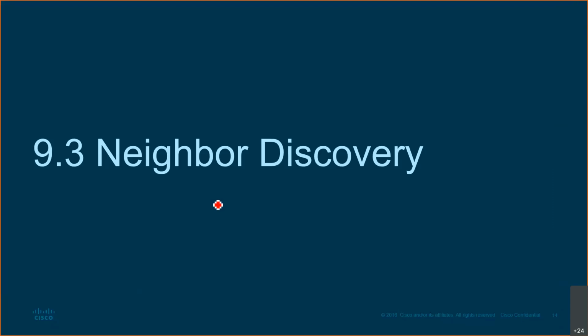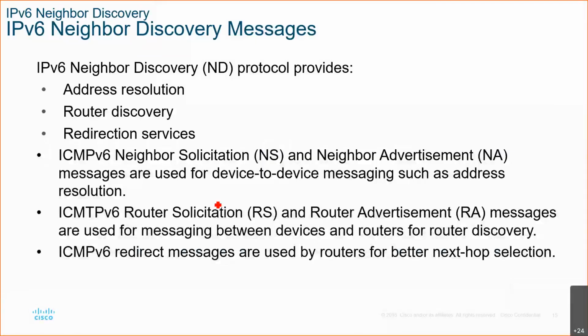Now, if you have got your ARP for IP version 4, you also have got neighbor discovery for IP version 6. So let's have a look at that. IP version 6 Neighbor Discovery, ND, protocol provides address resolution, router discovery, and redirection services.